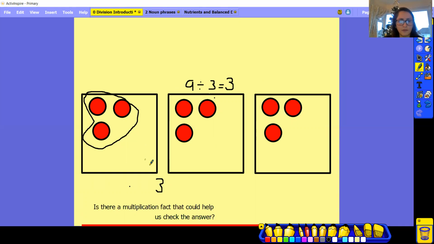And in each of those groups, we have 3 in each one. So we know we have 3 lots of 3. So we're going to do our multiplication. 3 lots of 3. So let's count with our 3. So we've got 3, 6, 9, which was also the answer or our total at the beginning. Okay, so we've used our multiplication to double check our division.